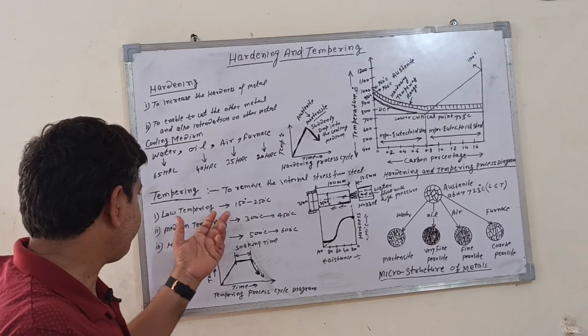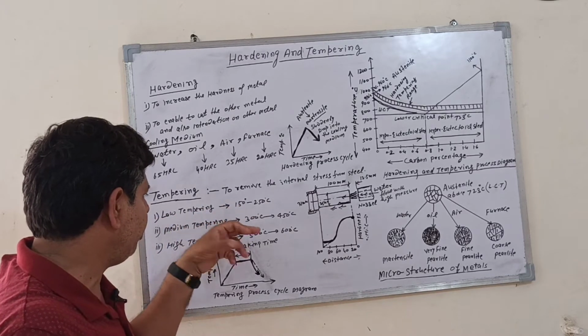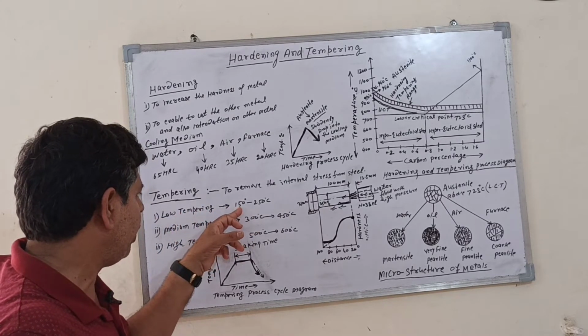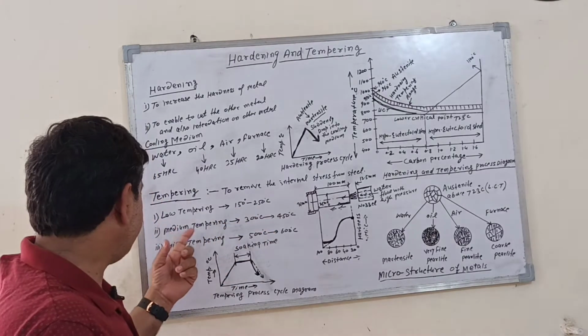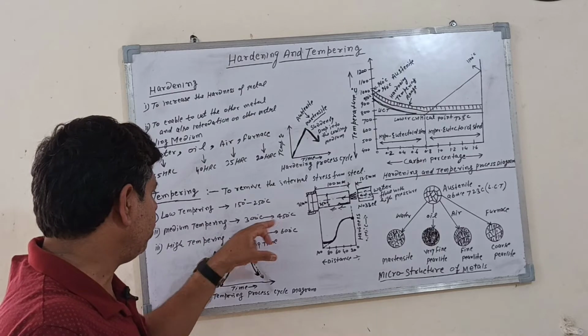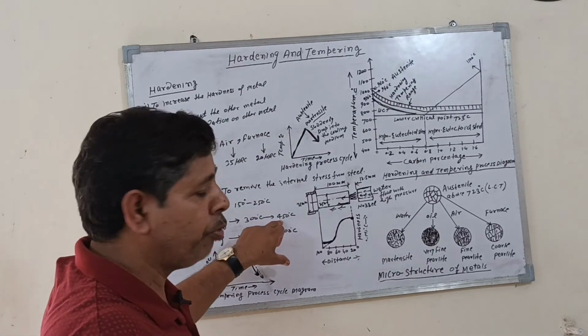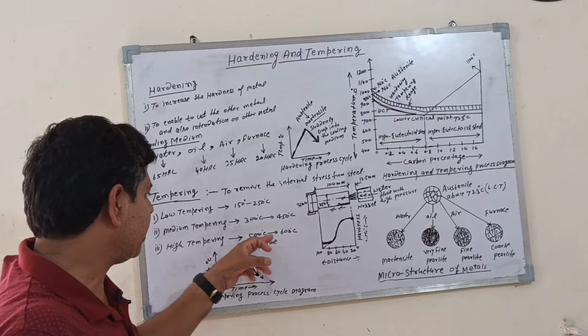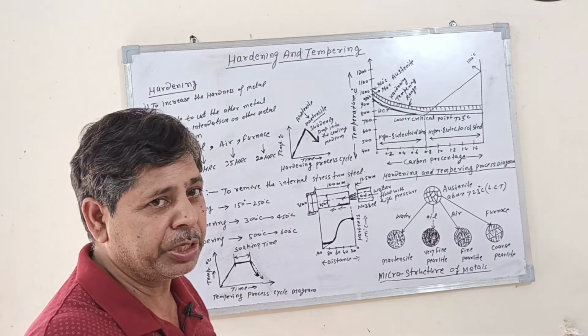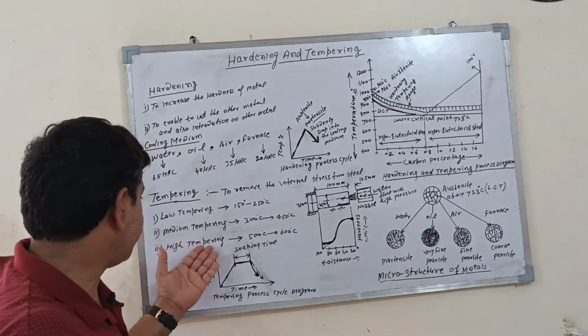Number one is low tempering, at 150 to 250 degrees Celsius. Medium tempering uses 300 to 450 degrees Celsius. For high tempering, 500 to 600 degrees Celsius is used.